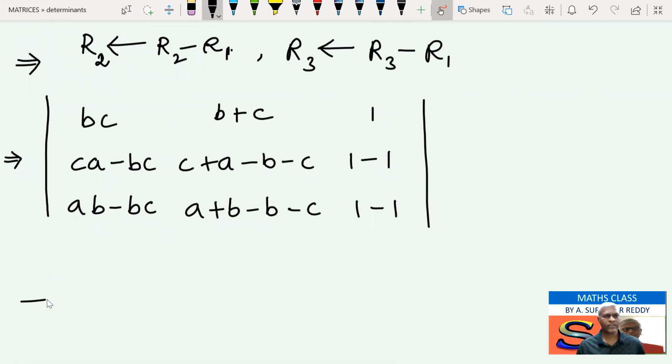So now, further simplifying. First I am writing the first row as it is, no change in the first row.